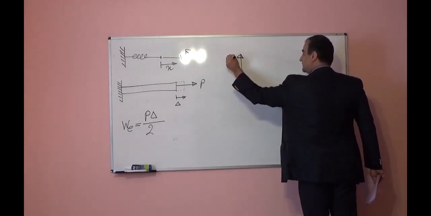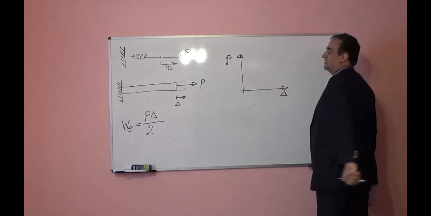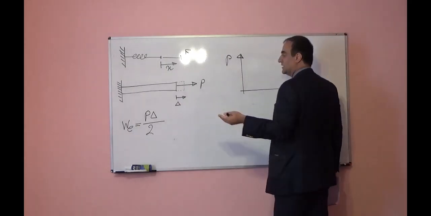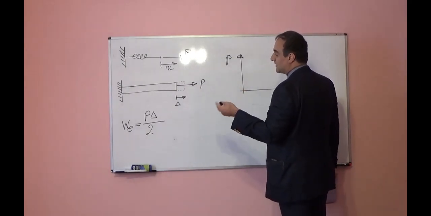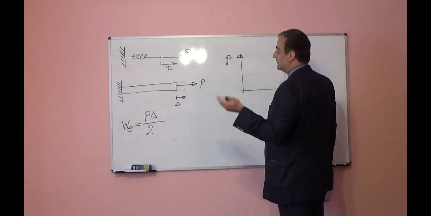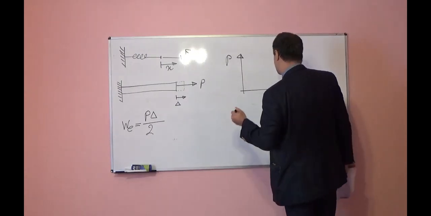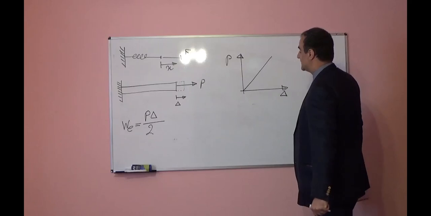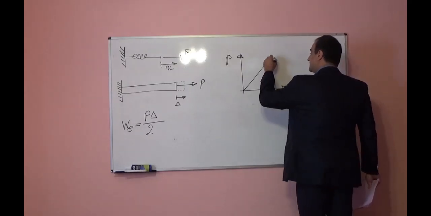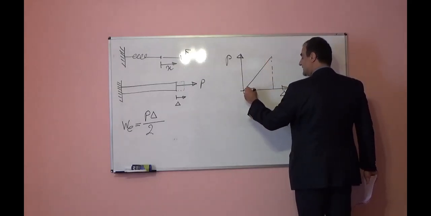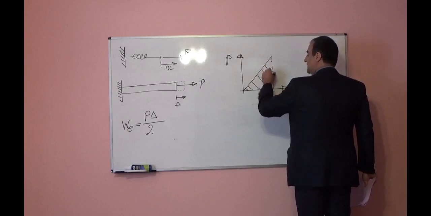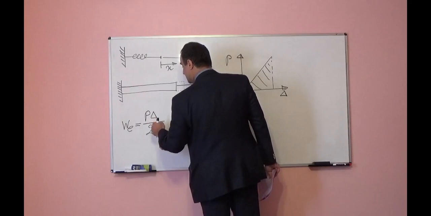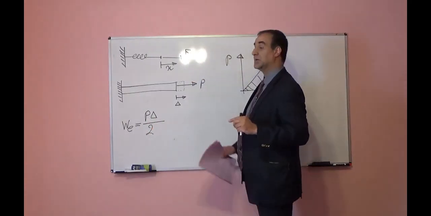So if I draw P respect to delta plot, first P is 0, so delta is 0. Then we increase P to the P1, delta will be delta 1. We increase P to the P2, delta will be delta 2. And we will have curve like this, one straight line. The area underneath of this will be area underneath of this triangle, and it will be P times delta divided by 2.